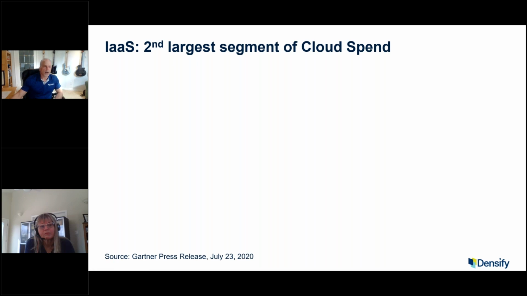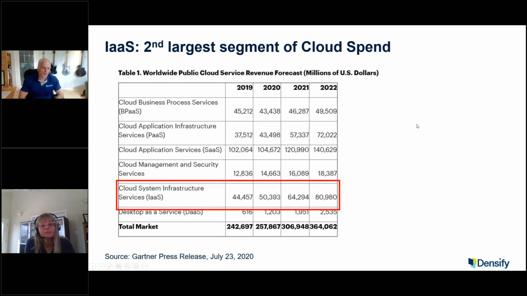So we talk about IaaS, and this is a chart from Gartner. So the number one spend, as you can see across this area, is actually SaaS. So spending money in SaaS, Salesforce, or whatever the services that you are using, paying for software as a service in the cloud. The second biggest one is IaaS.